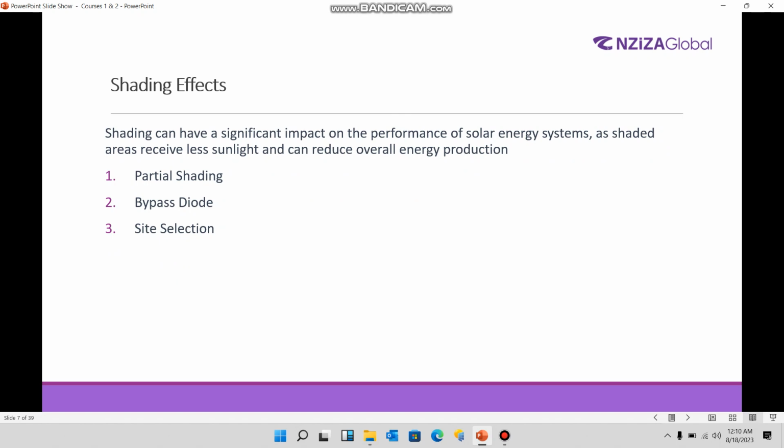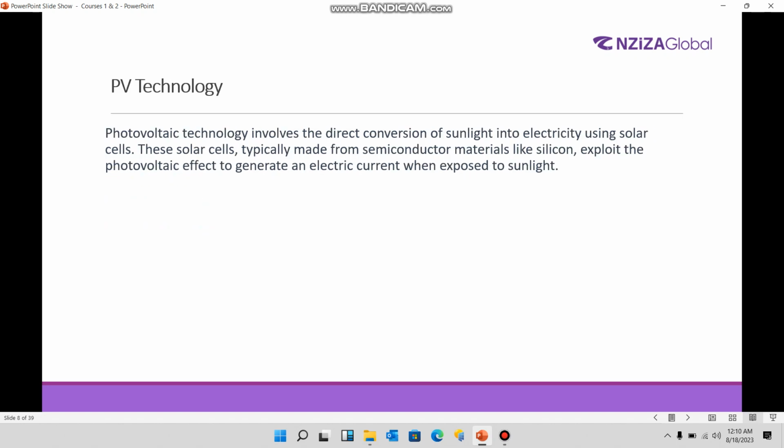When installing the solar panel, it is important to choose an area or location with minimum shading from trees, buildings or any other obstacle. Proper site assessment can significantly enhance the energy production of the solar system. PV technology.